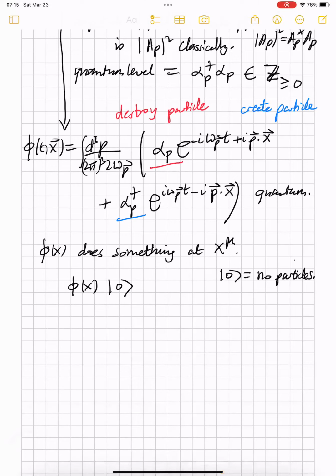Now, when phi of x acts on the vacuum, there are no particles in the vacuum state, so you can't destroy anything, but you can create. So phi of x acting on the vacuum will create a particle at position x mu. The field does something at x mu: it creates a particle.